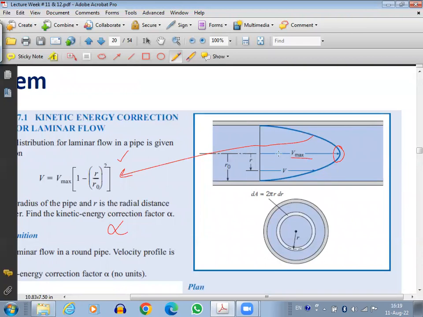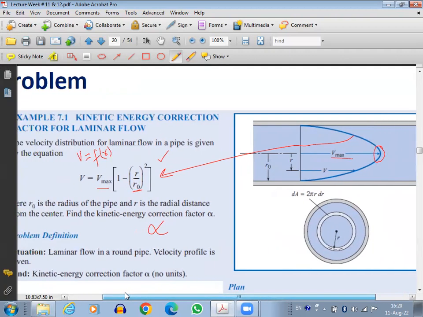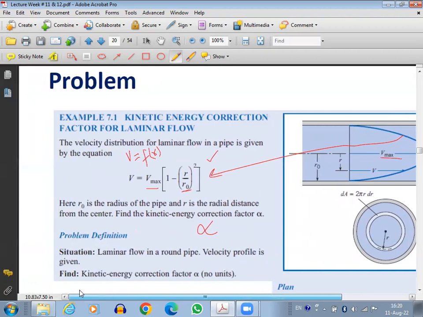So the velocity variation from the center with respect to R is given. Here V is given as a function of R, where V max is a constant and R naught is the actual radius of the pipe, which is also constant. So these two are constants. We need to find the kinetic energy correction factor, alpha.